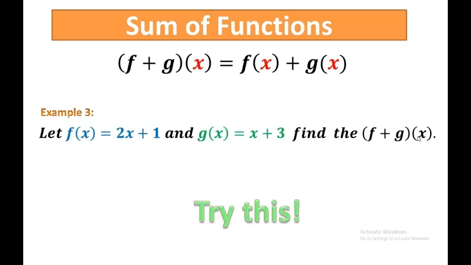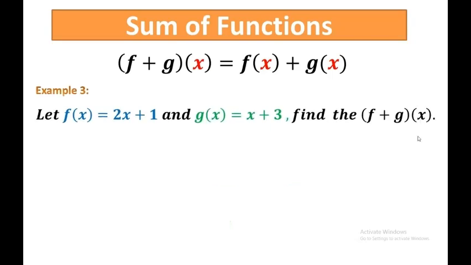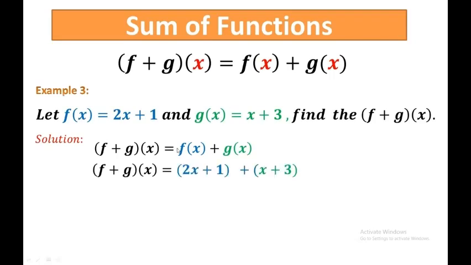Your time is up. Now let us check your solution. For our solution, the sum of f and g functions of x is equivalent to f of x plus g of x. Replace f of x with the value which is 2x plus 1.